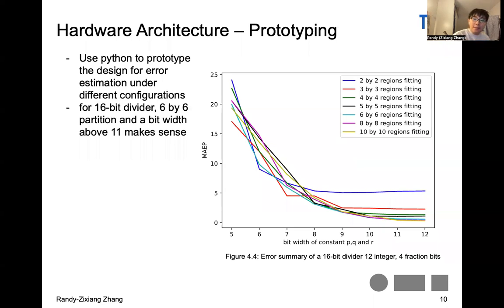Here we can see that once the partition fitting has reached the 6x6 region, a further increase of the partitions doesn't help too much. The bit width can at best be kept above 12 bits. Notice this is the case for a 16-bit divider.